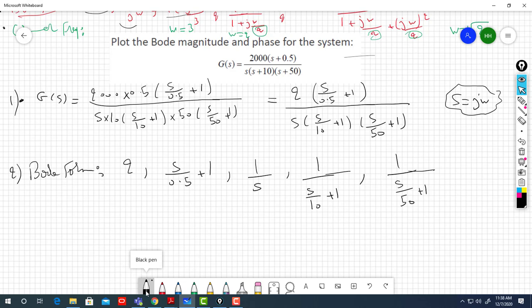So what are the corner frequencies? Step 2, continue on step 2. Corner frequencies. For here you have 0.5, for here you have 10, and for here you have 50. So omega, of course. Once you're done with this, now let's draw the Bode diagram. 1, 2, 3, 4, I draw 5 Bode diagrams, phase and magnitude, and I add them all together.